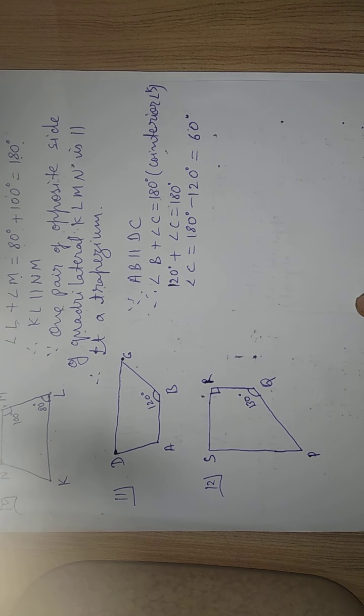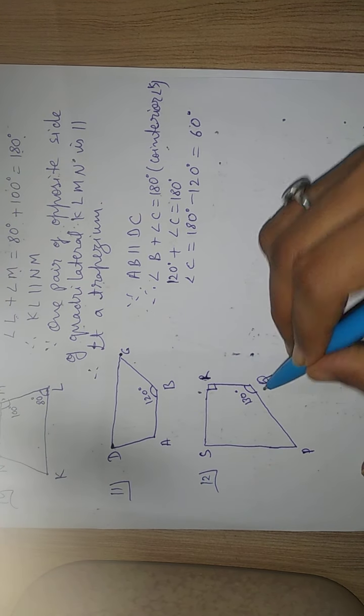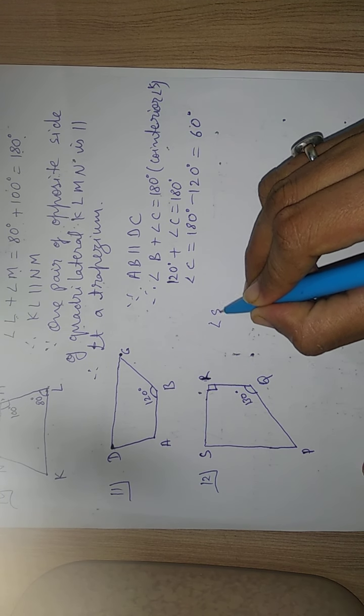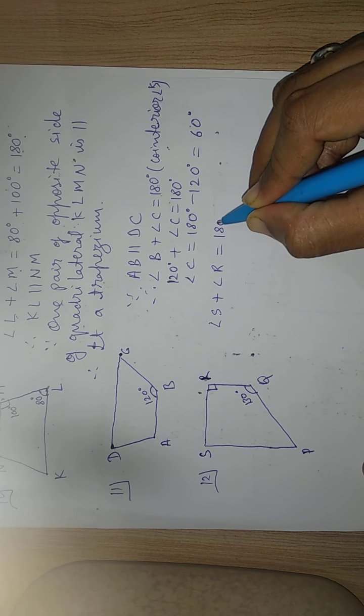Question number 12. Find the measure of angle P and angle S if SP is parallel to RQ. Since SP is parallel to RQ, angle S plus angle R is equal to 180 degrees.